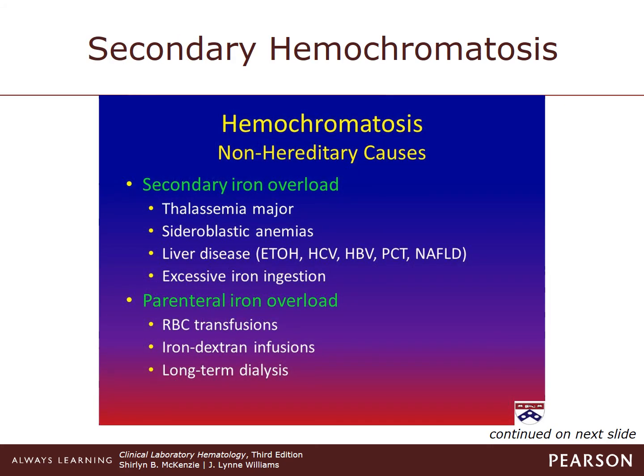Secondary hemochromatosis is associated with many different types of conditions, such as ineffective erythropoiesis and an increase in iron absorption due to beta thalassemias, X-linked sideroblastic anemias, or liver disease or excessive iron ingestion. You can also have a transfusion-dependent anemia that also causes an iron overload.